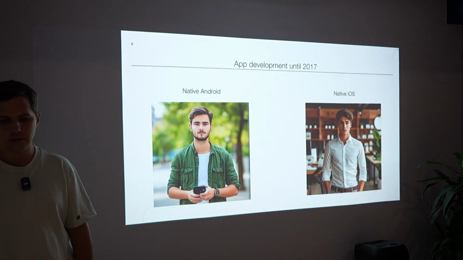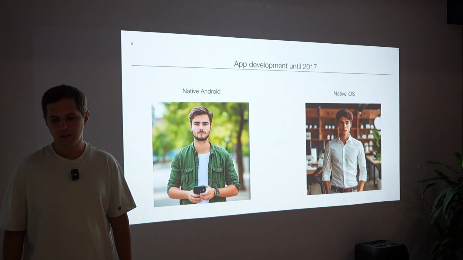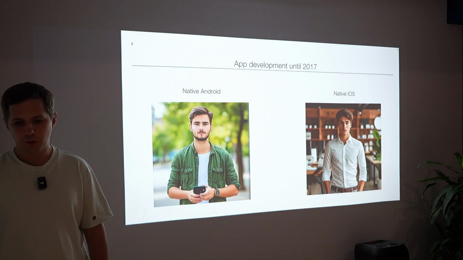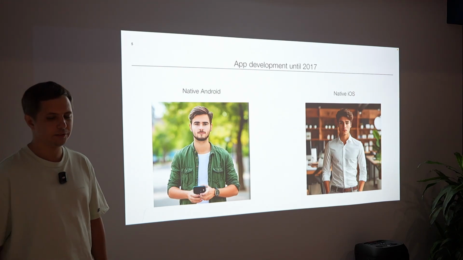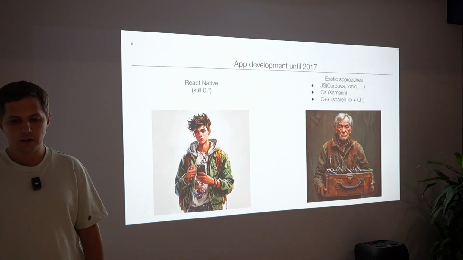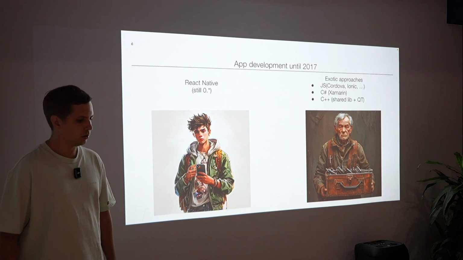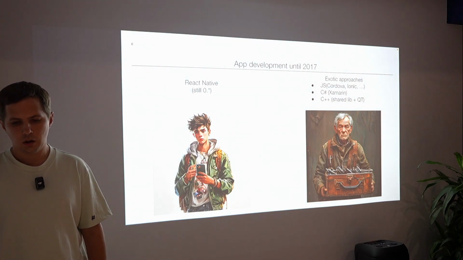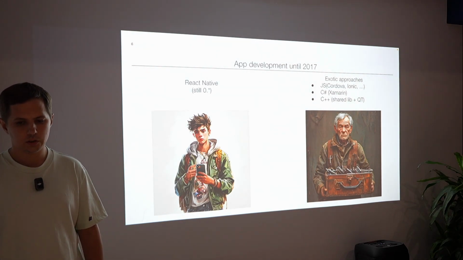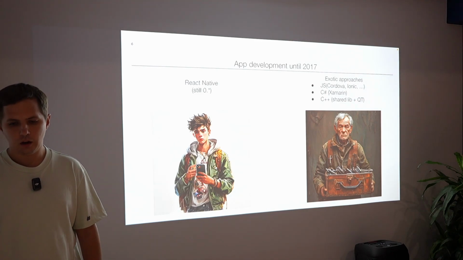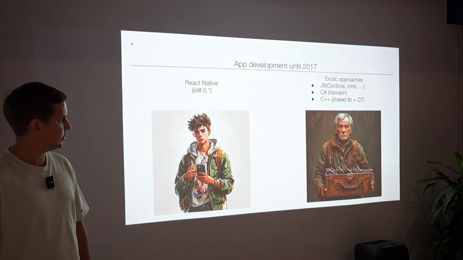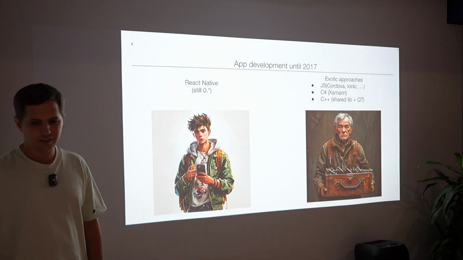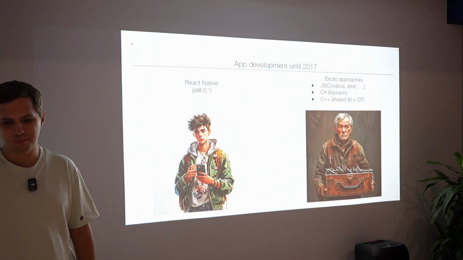Before 2017, mostly we had a very large popularity of native development. So we had native Android and native iOS development, and not very popular cross-platform solutions. The most important of them is React Native, which wasn't great in those years, and it still has no version with number 1 before the point.